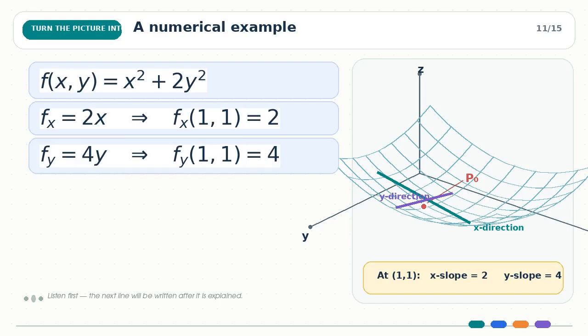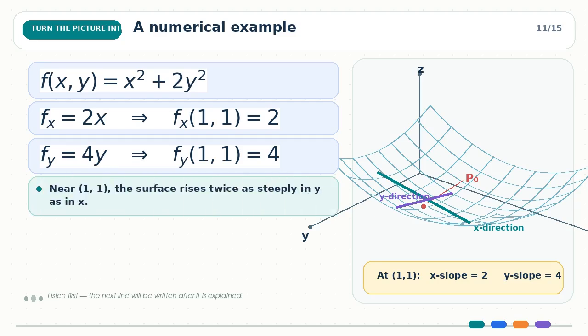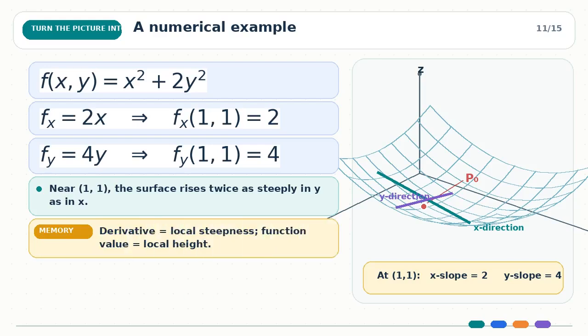The y direction slope is 4. So near 1, 1, the surface rises twice as steeply in the positive y direction as in the positive x direction. Again remember, the derivative is local steepness while the function value is local height.